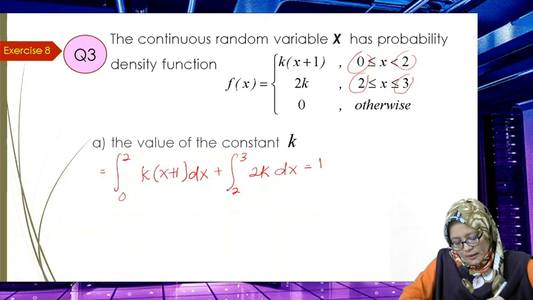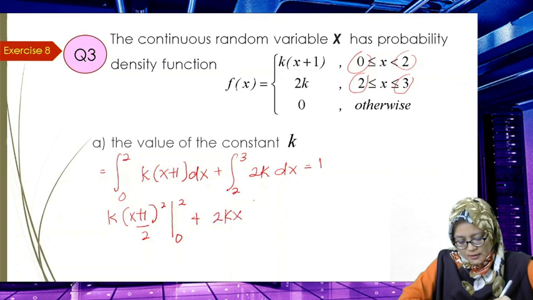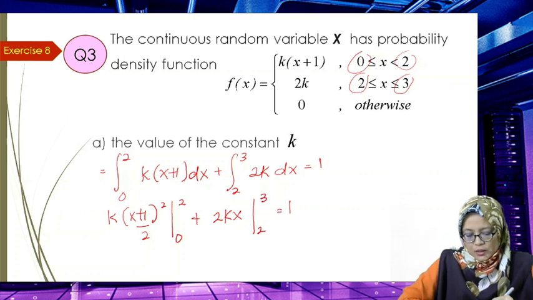Okay, so this one kita akan integrate k x plus 1, kita akan dapat x plus 1 square over 2. Substitute value from 0 to 2 plus 2k, integrate kita akan dapat 2kx from value 2 to 3 equal to 1. So ini 2k is a constant, boleh keluarkan. So means that you akan integrate 1 dx. Integrate 1 dx, awak dapat x lah.